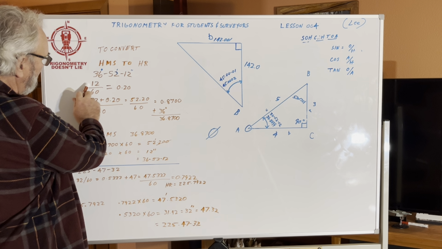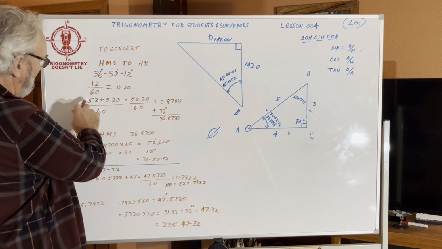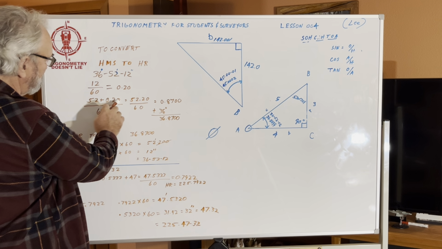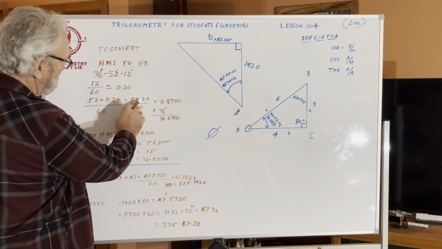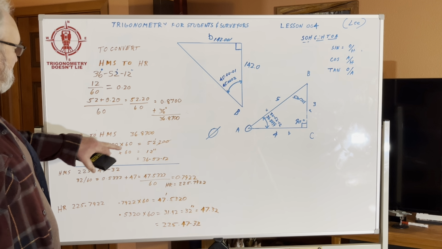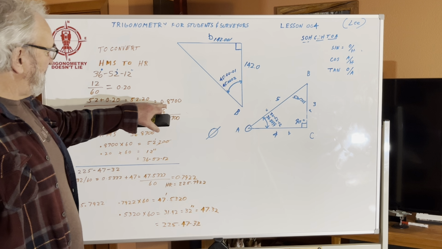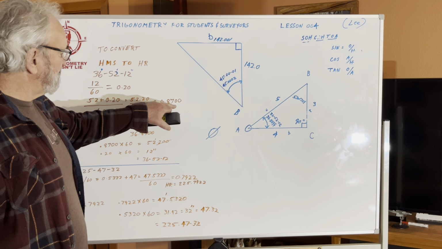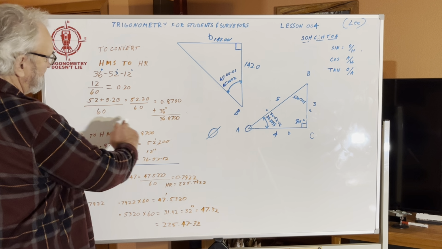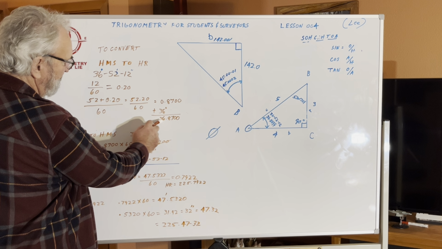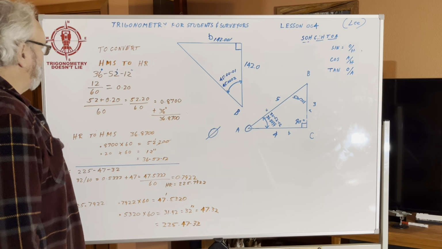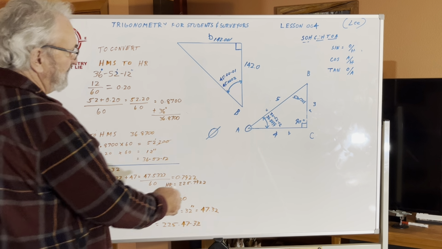Now 52 minutes plus 0.20 minutes equals 52.20 minutes. And you divide that by 60, and now you're getting 0.8700. That's your decimal. So now you bring your 36 down and add it. Your decimal is 36.8700.